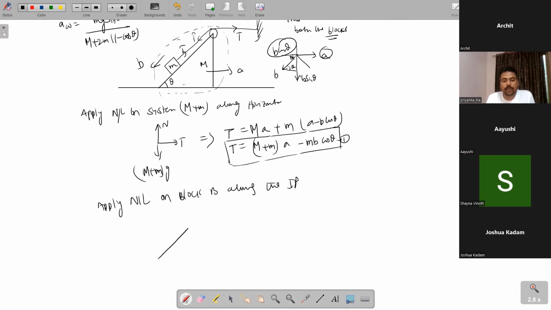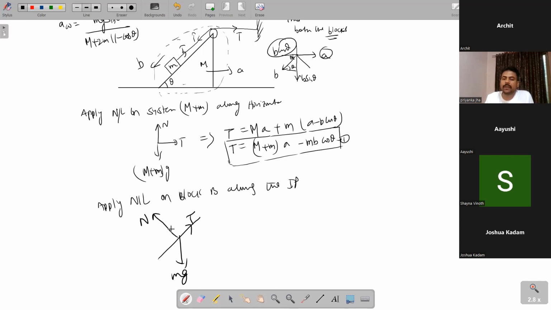You can see that for B, tension is here. Normal will be like this because of this inclined plane. Mg will be acting, right? Now, because you have to apply Newton's law of motion along the inclined plane, you have to break all the forces along the inclined plane. Tension is already along the inclined plane.